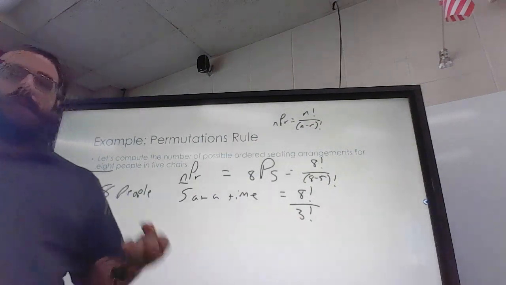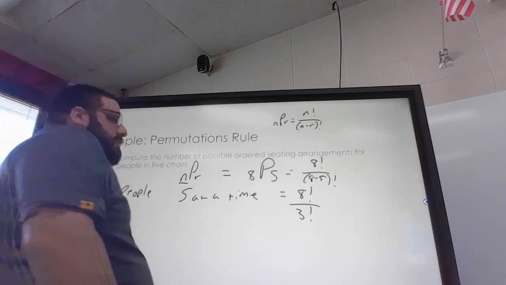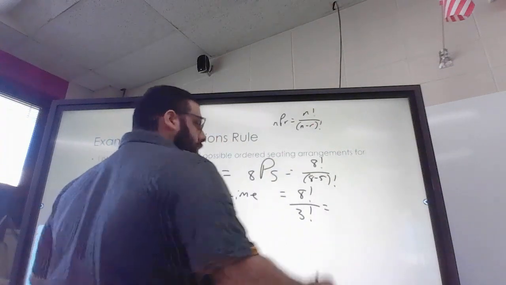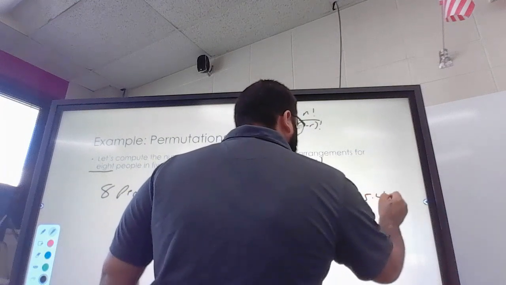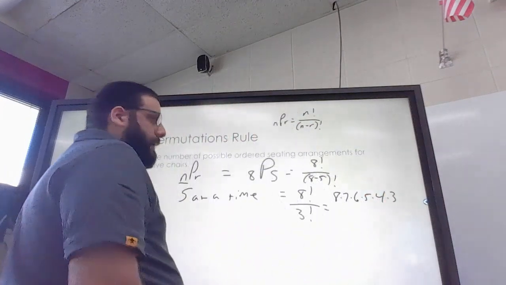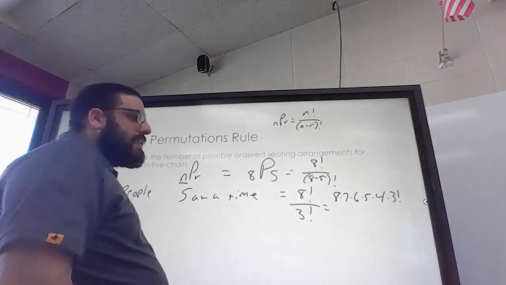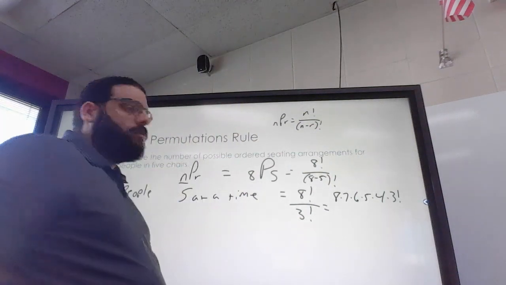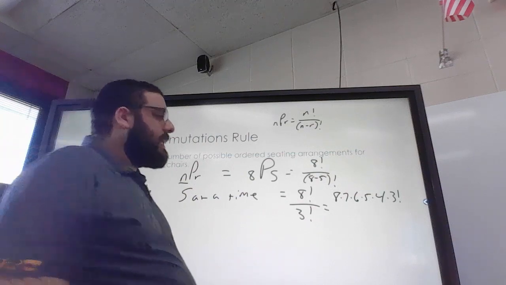Now if I were doing this by hand, a quick and great way to simplify this is to write out the numerator first. 8 times 7 times 6 times 5 times 4 times 3. Now I'm going to stop there and put the factorial symbol here. Why didn't I go 3 times 2 times 1? Well, by definition, 3 times 2 times 1 is 3 factorial. Why is that important?